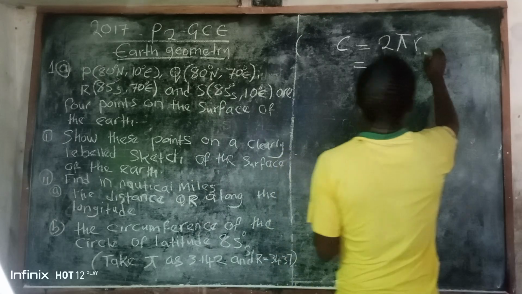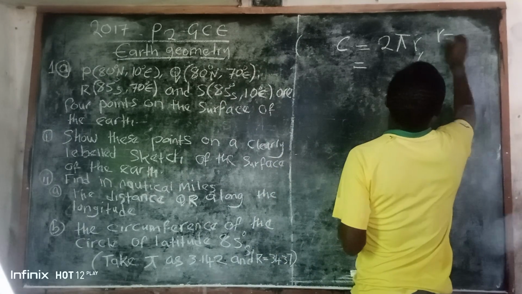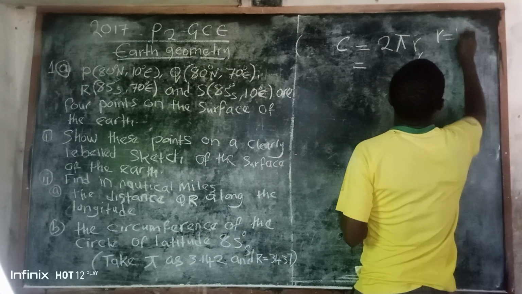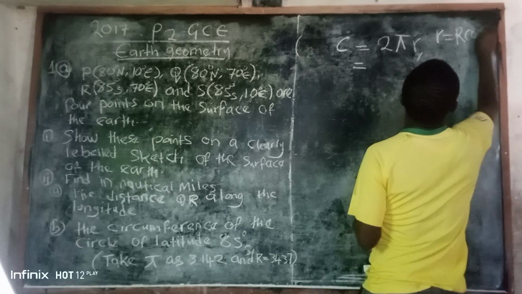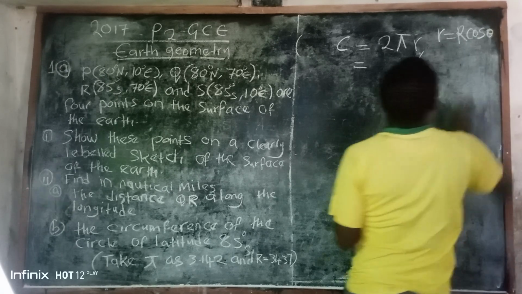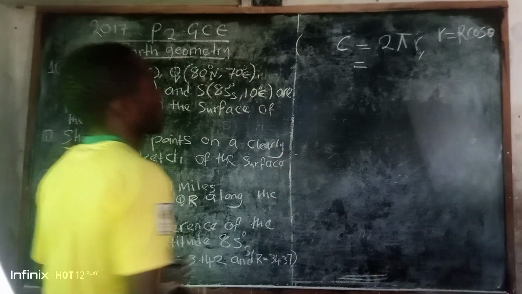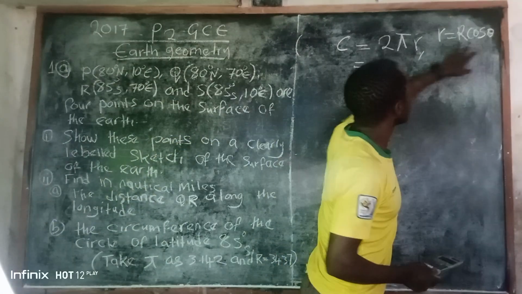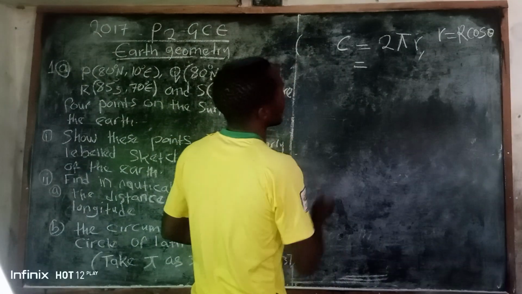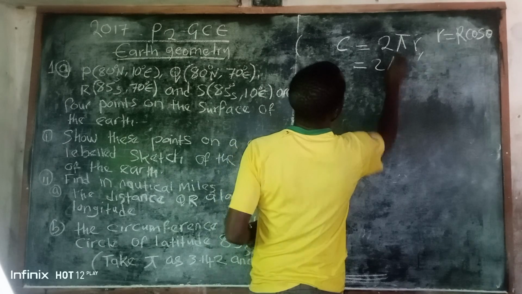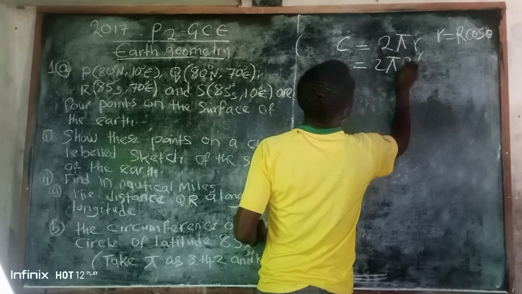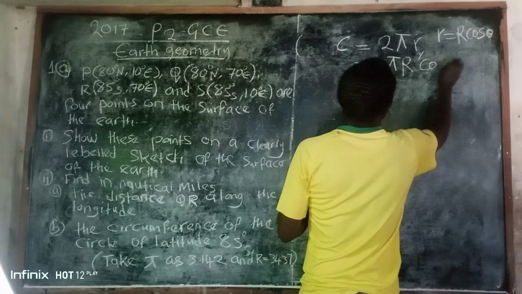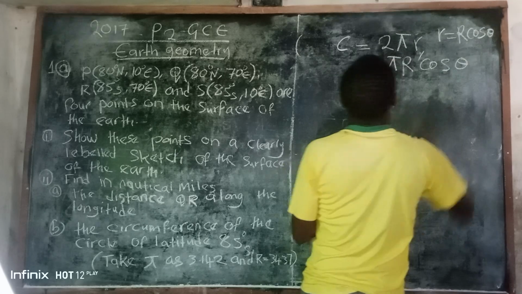We should know that small r is equal to big R cos theta. That is the value of small r. So now when writing, we are going to use this one instead of the small letter r. So 2 pi big R cos theta.